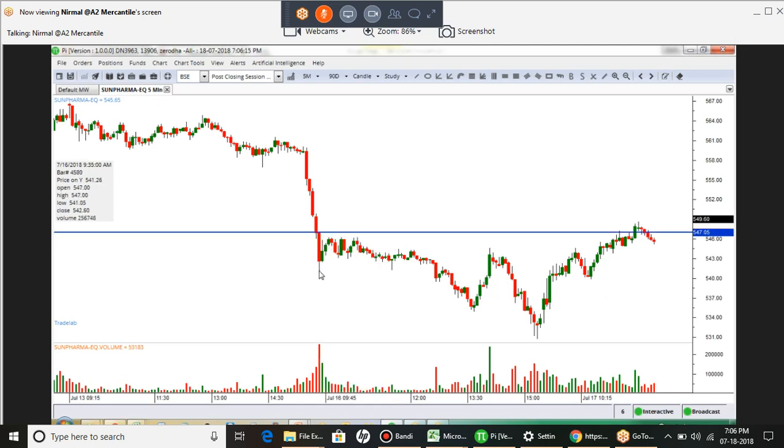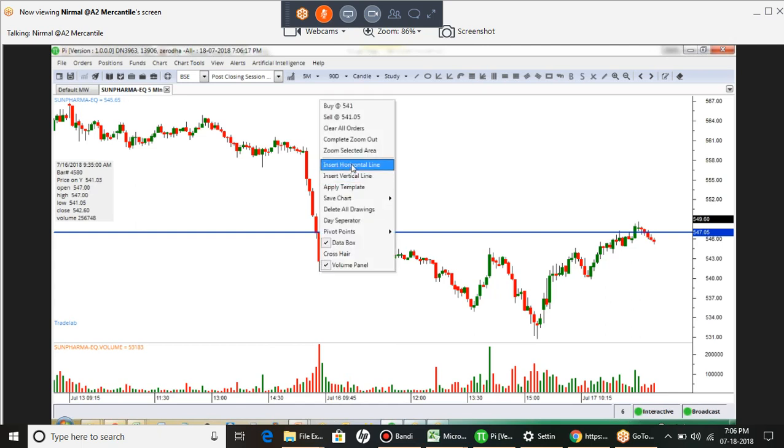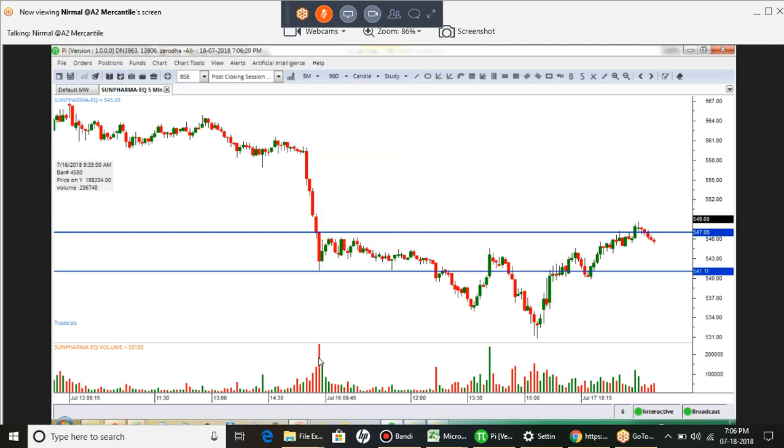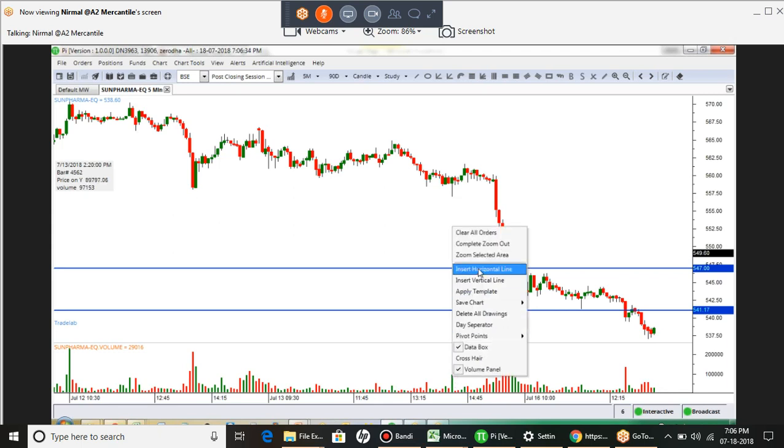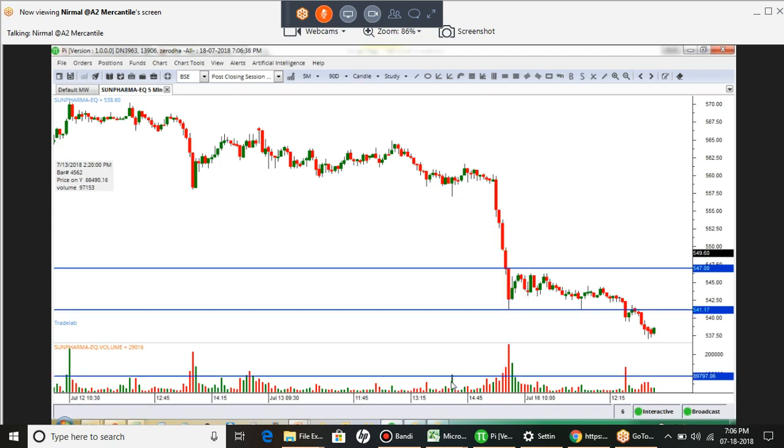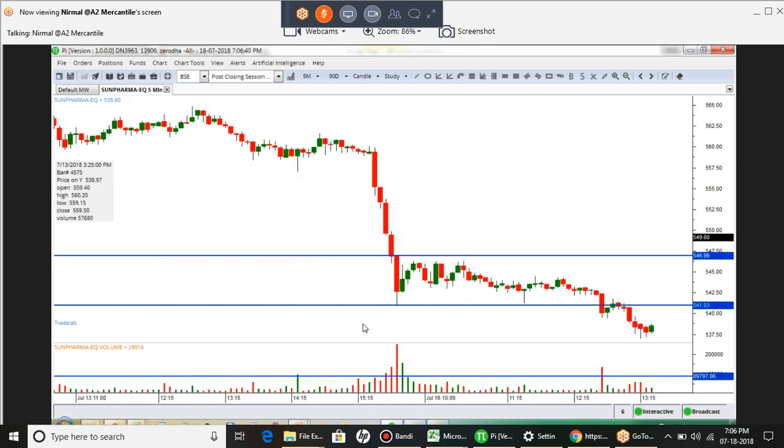I'm just putting a line over here. And this breakout has happened on 13th of July. The highest volume seems to be this one, and the timing is 2:20. So this candle. Roughly I will draw a line here.